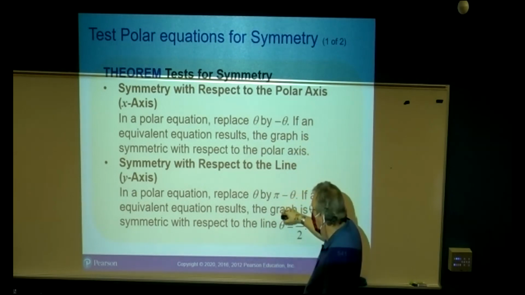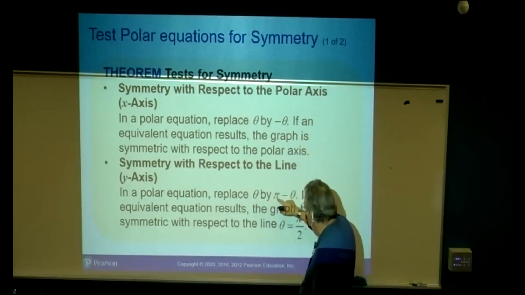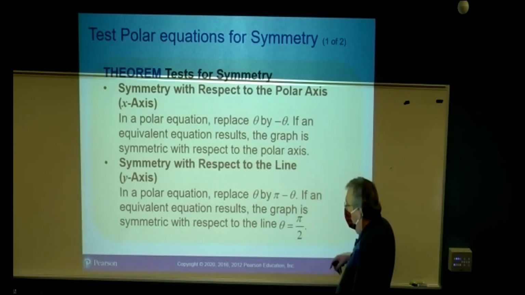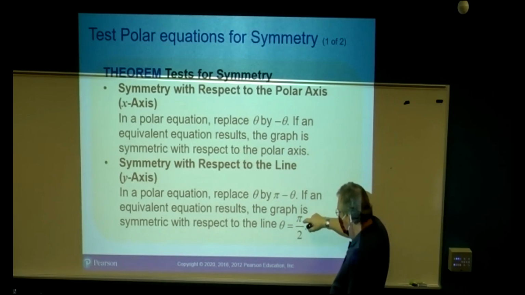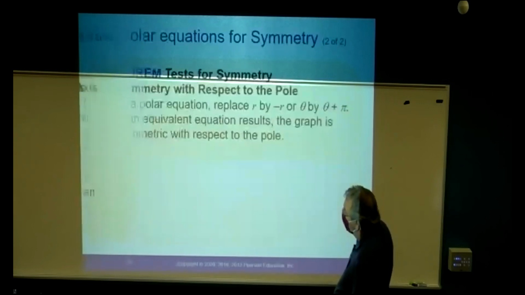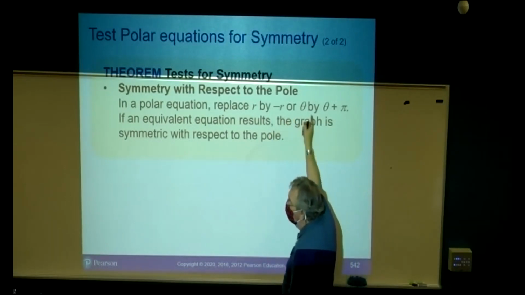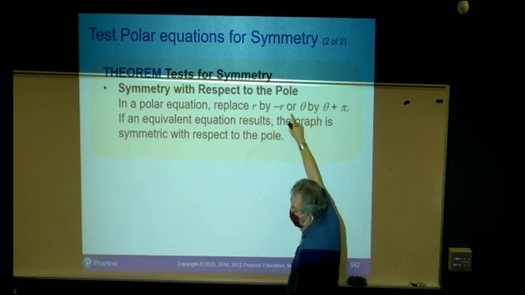If you replace theta with pi minus theta and you wind up with an equivalent equation, usually the same equation, then it's going to be symmetric with respect to the line theta equals pi over 2. And if you replace r with negative r, or, this is important, or you don't do both, you do one or the other. So this is an exclusive or.